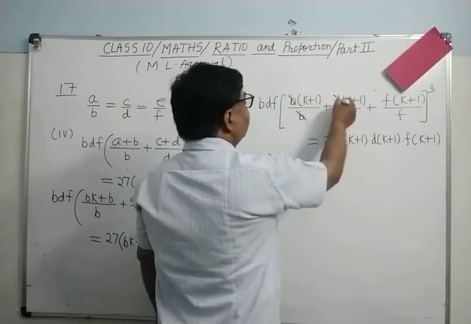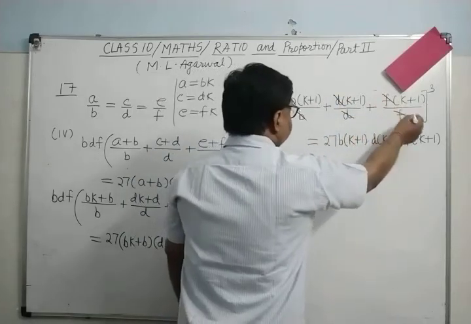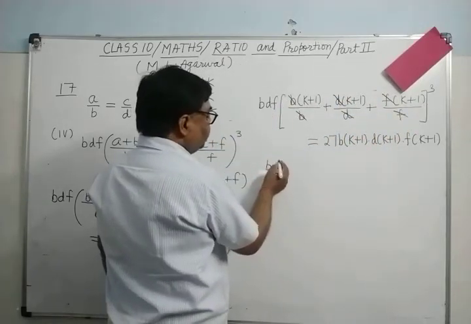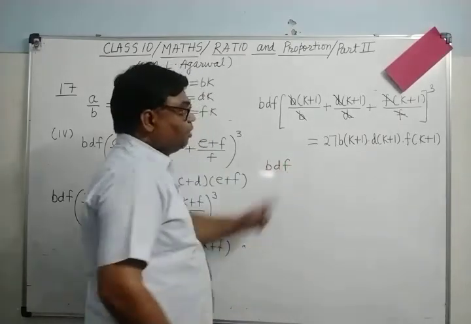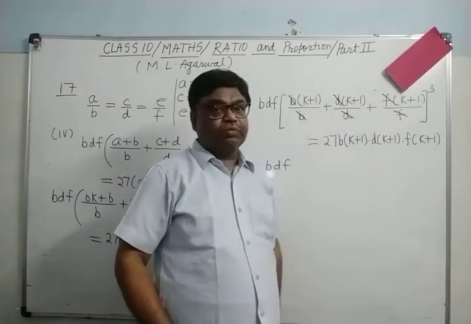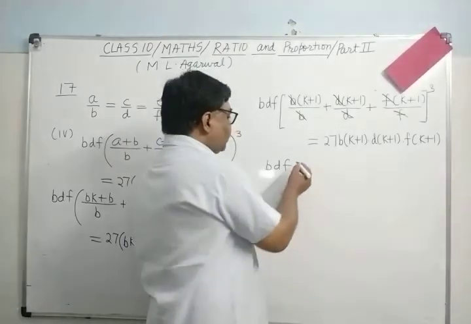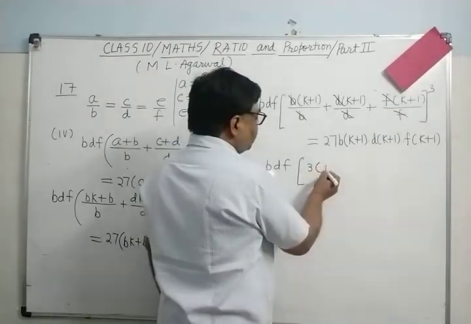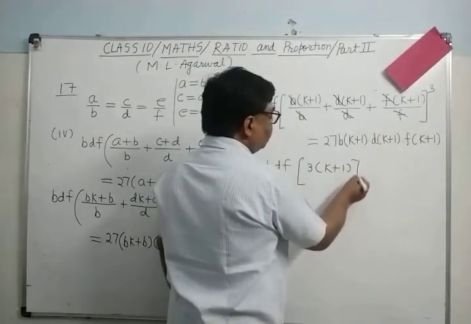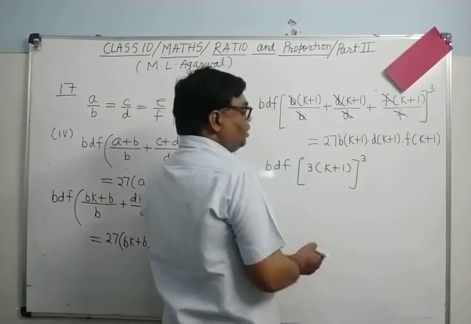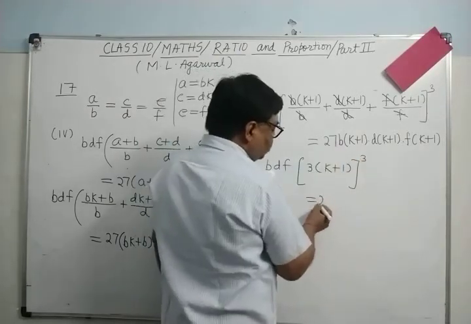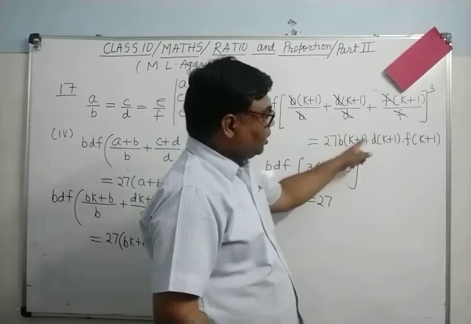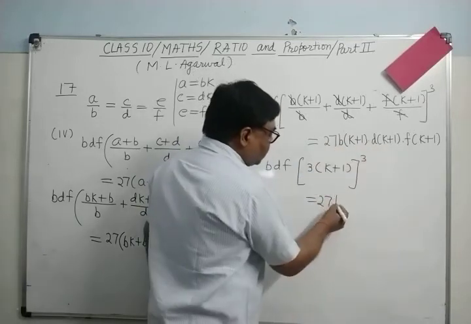So simplify. B cancels, D cancels and F cancels. So it will be equal to BDF, K plus 1, K plus 1, K plus 1. When the same thing is added 3 times, it will be 3 times, whole cube. Here you write it as 27. First you write B, D, F together, everything in product.